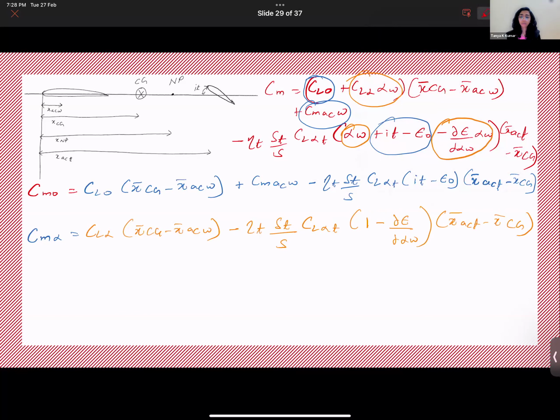Okay. Now, how do we find out neutral point? Now that we have the equation for CM, you had mentioned initially, it's the point where CM alpha becomes 0, right?